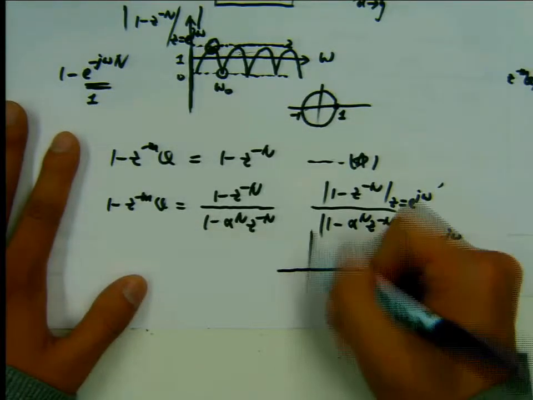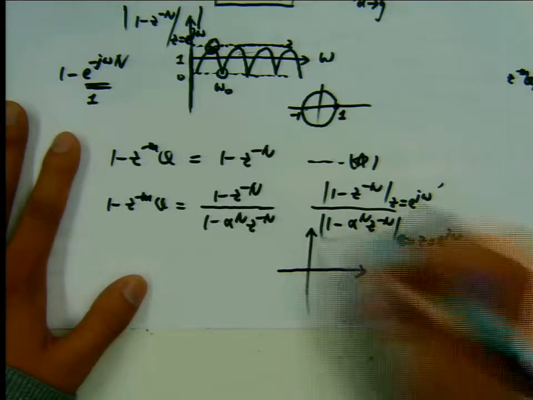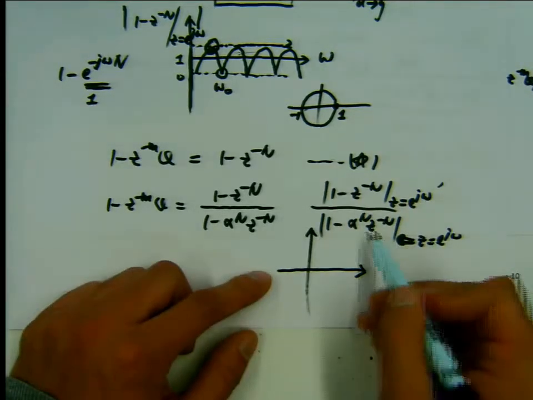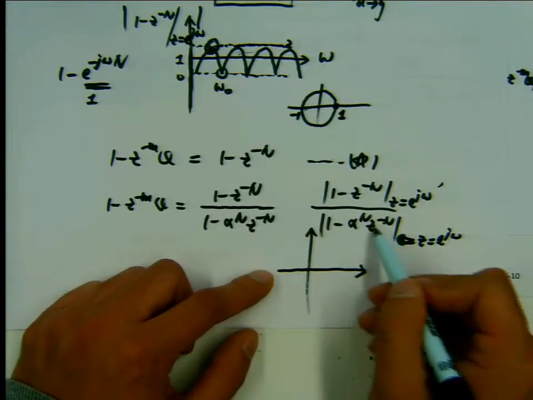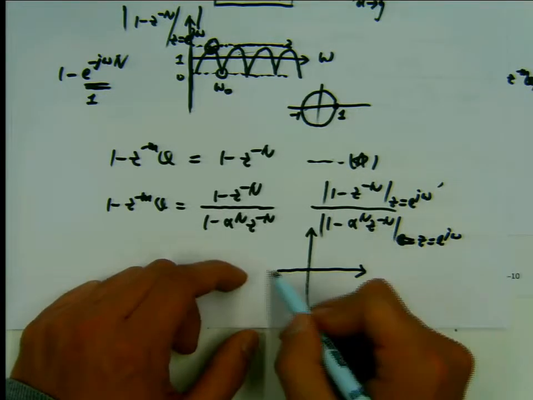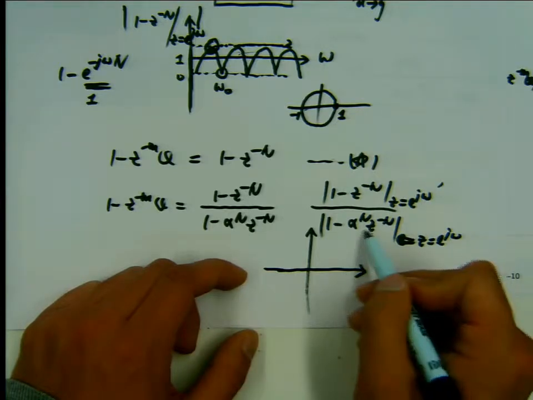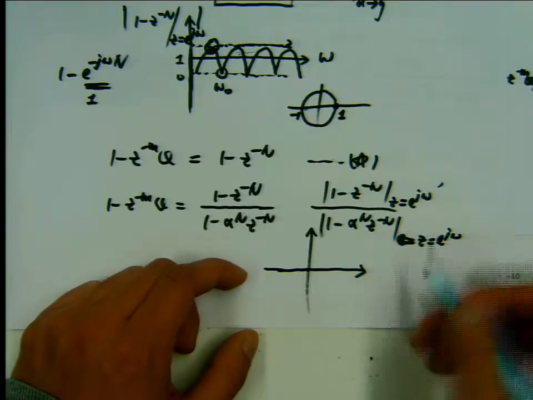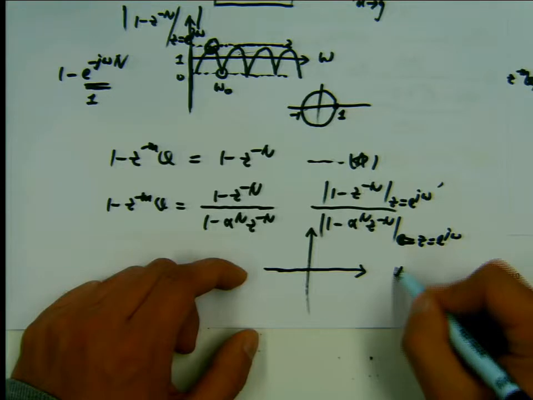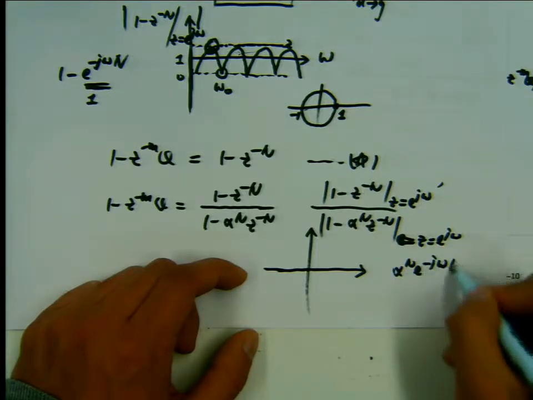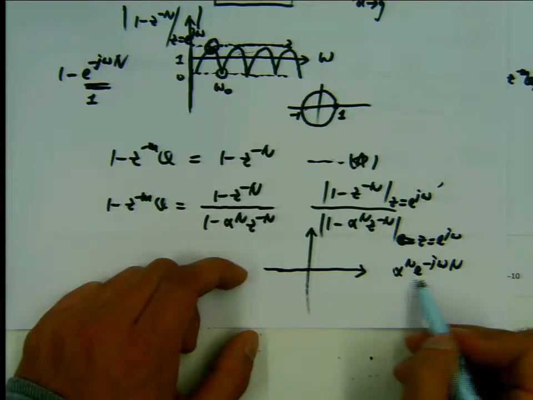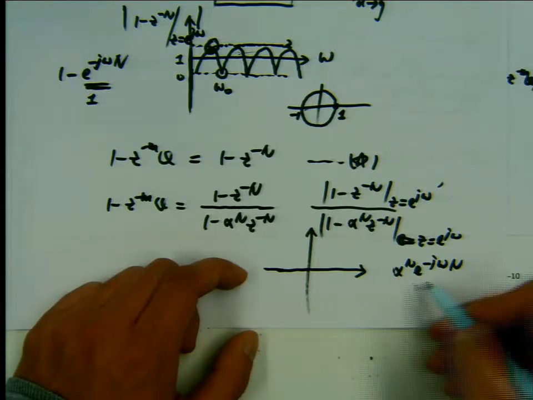Again, draw this picture. Now things are a little different. The magnitude of α^n times z^{-n} is going to be, what's the magnitude for this guy? The frequency response. So that means α^n e^{-jωn}. This is unit, magnitude is unit 1.